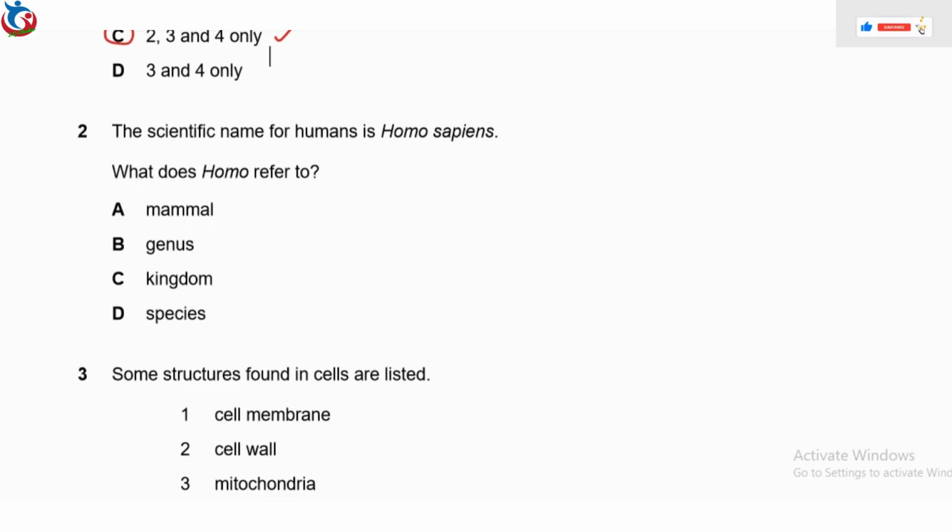Question 2 says, the scientific name for humans is Homo sapiens. What does Homo refer to? So, in scientific naming of living organisms, Homo is the genus, while sapiens is the species name.